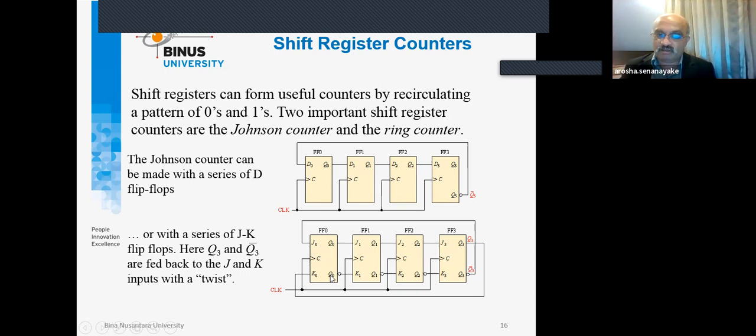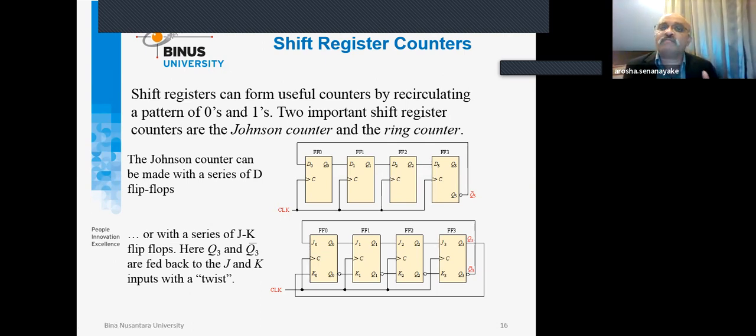It is the same function, there is no difference. In this case we don't show the bars, but you should know Q0 and Q0 bar, Q1 and Q1 bar, Q2 and Q2 bar. An underline means bar, you should understand. So Q3 bar.